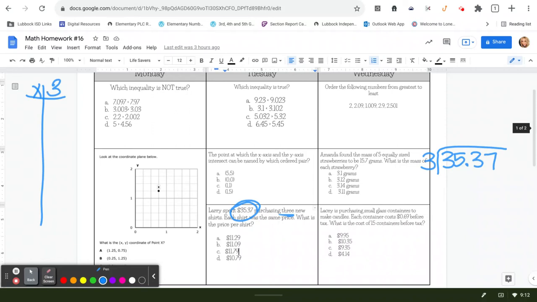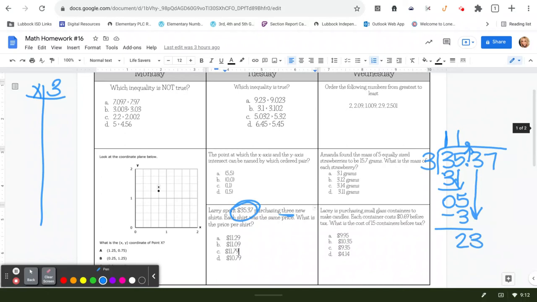If the bank has $3, I can get my money one time and take $3 from the bank. Am I done? Because I got to 0. No. Bring down your 5 and get my money one time again. Take our $3 from the bank. 5 minus 3 is 2. My decimal goes up. My 3 comes down.